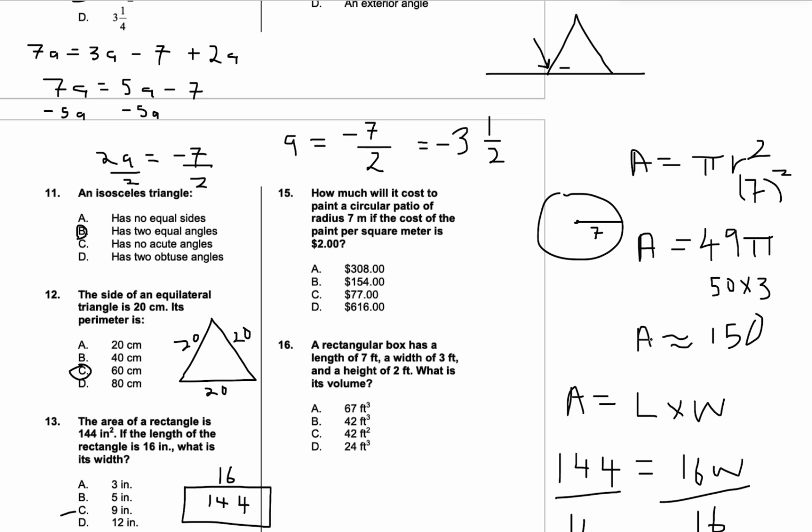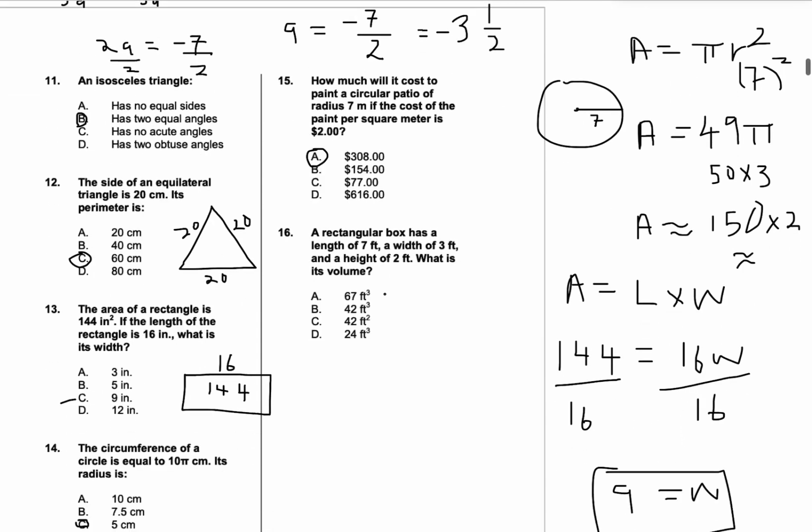And then they're saying that the cost of the paint per square meter is $2, right? So now we know that the area is in square meters, so we can just multiply this by the 2 to know what the total cost should be. So the total cost should be approximately somewhere around 300 or slightly above 300. So A should be our answer for this one.